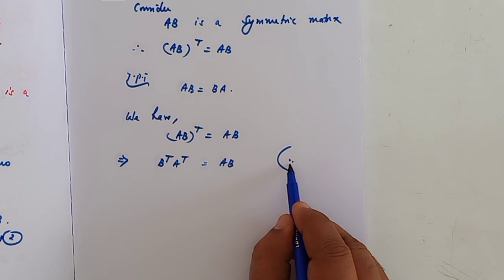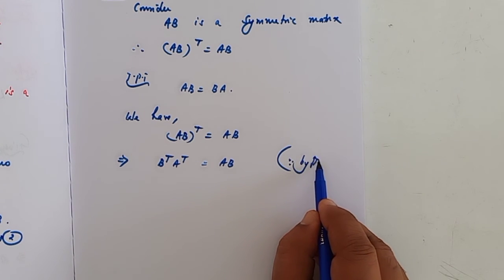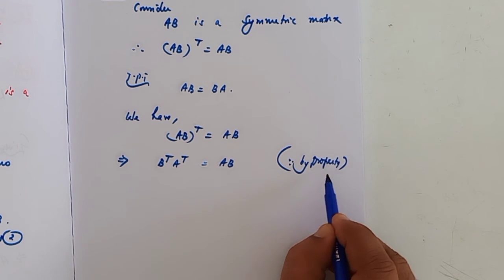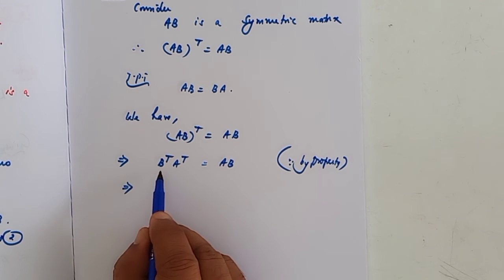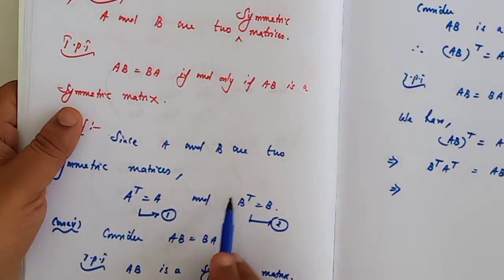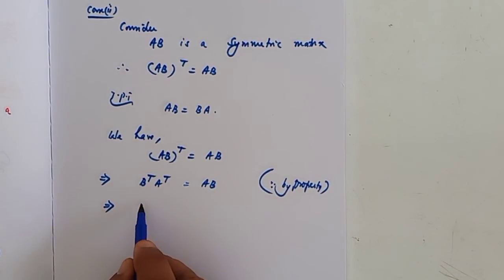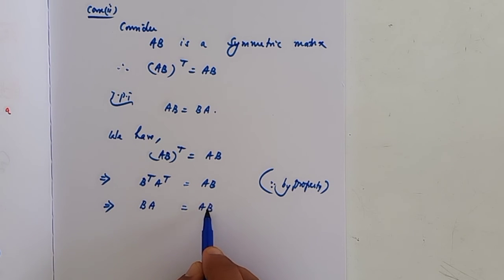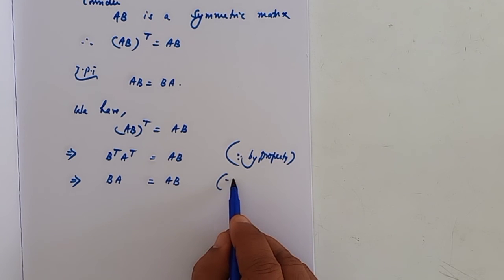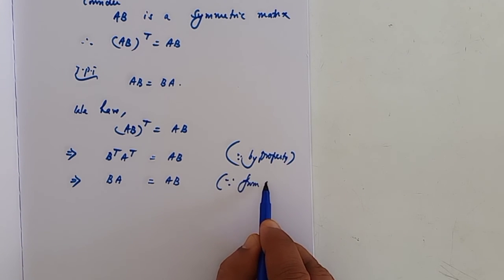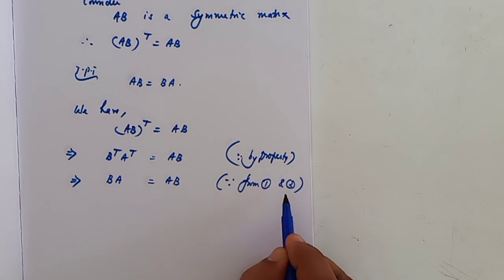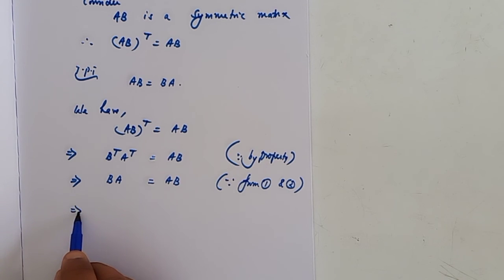Since by property, B transpose equals B, A transpose equals A. So this can be replaced by B and A: BA equals AB, since from 1 and 2. So finally we have proved AB equals BA.